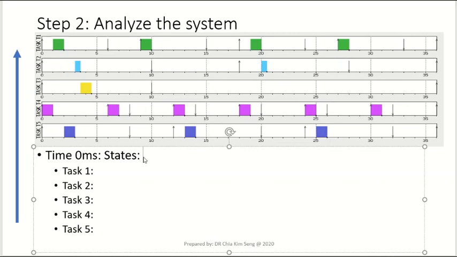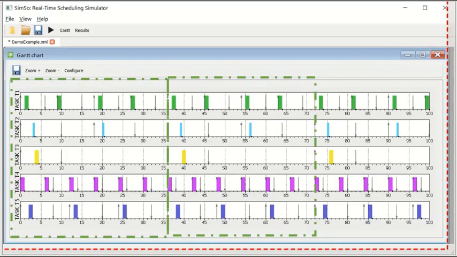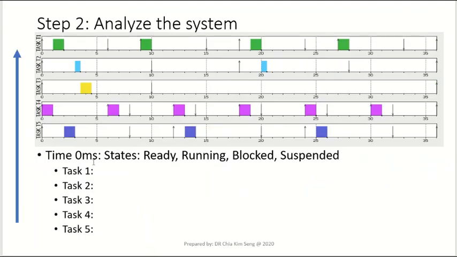Basically we only have 3 or 4 states: the ready, the running, the block, or the suspended. Okay, we have 4.